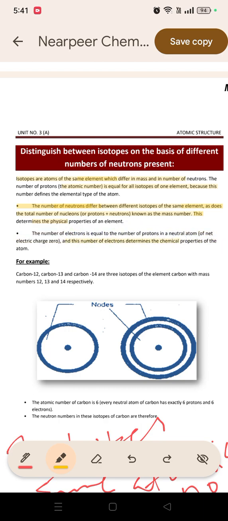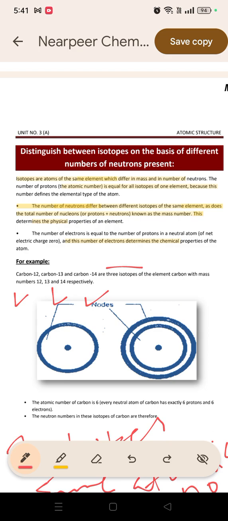For example, take carbon, which is the best example I believe. Its mass number is sometimes 12, 13 or 14, because carbon has three isotopes of the same element.